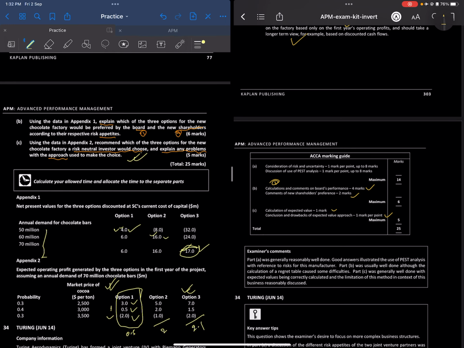Preference and all, it's a bit of marks, right? So for risks and uncertainty, it's 1 mark per point, consideration of risks and uncertainty, and then up to 8 marks for that. So even if 8 marks is guaranteed over there, 2, 4, 6 marks have to be given from PEST analysis, okay? So we need to use both of them.